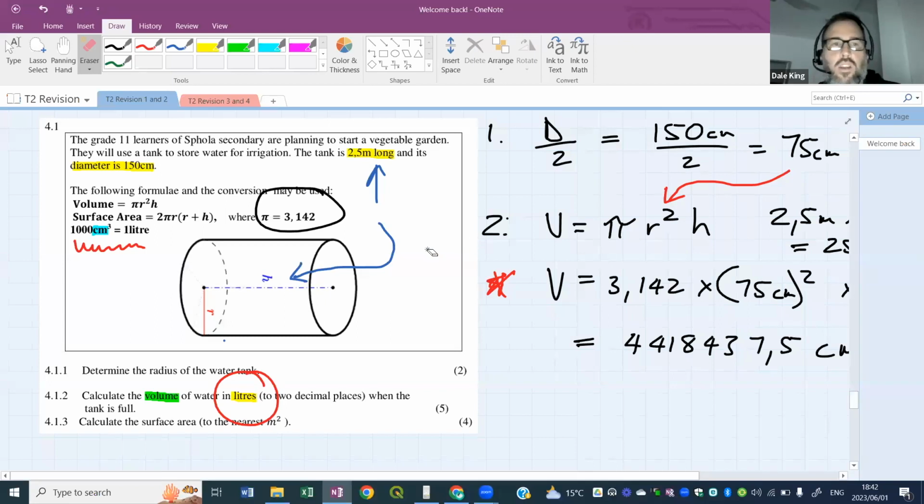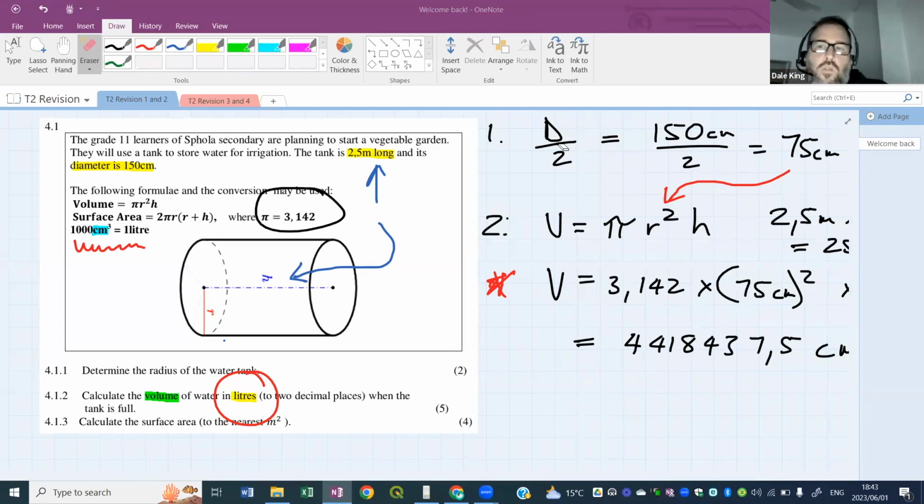So you're going to have to convert the volume in centimeters cubed into capacity in liters. Good question, can we round it off is the question.